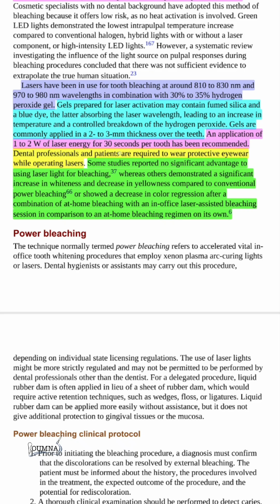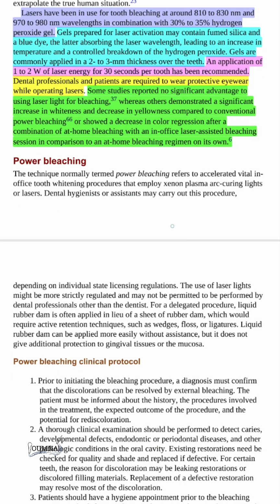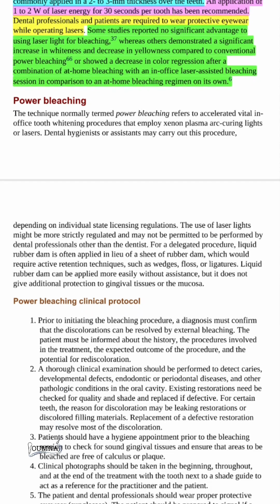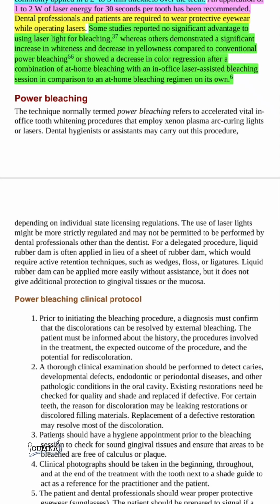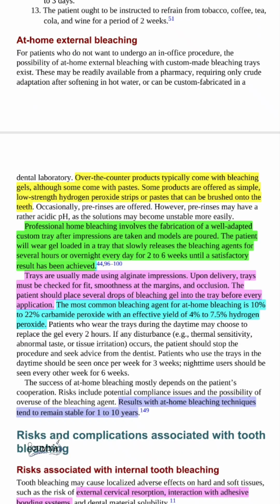This makes this method so efficient and time favorable, where each tooth only requires 30 seconds of laser application. Combining the two methods, the home bleach and the laser or office bleach, will give us the most optimum results, and also the long-term results.